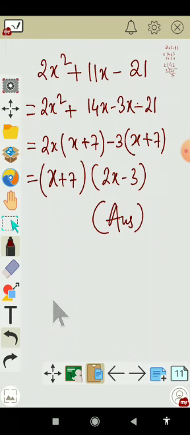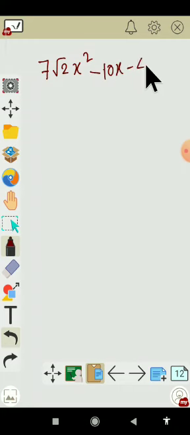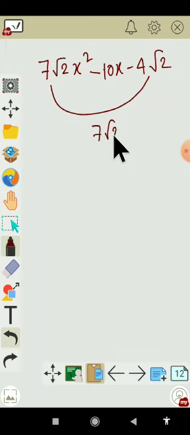So one more problem we will solve here, that is related with the root. So let's see what is the problem: 7 root 2 x square minus 10x minus 4 root 2. So in this case also we have to multiply these two terms.